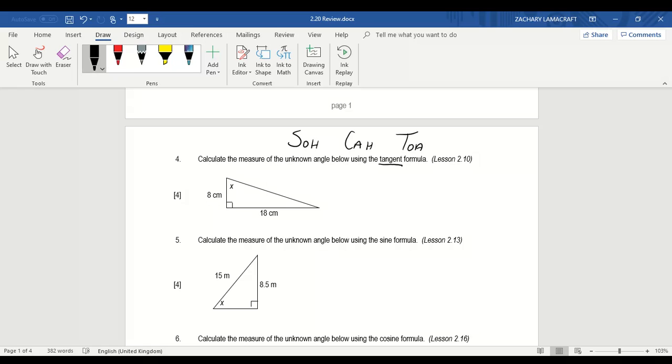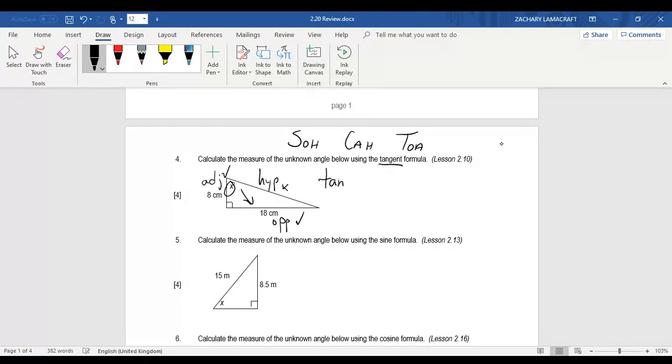But if we didn't have that, we see this is the angle we have, and if we label our sides, hypotenuse, this would be opposite, and this would be adjacent. I don't have the hypotenuse, but I have the opposite and adjacent. And if I went up around here, I'd need to see both O and A. O and H, nope. A and H, nope. O and A, yes. So I would use tan.